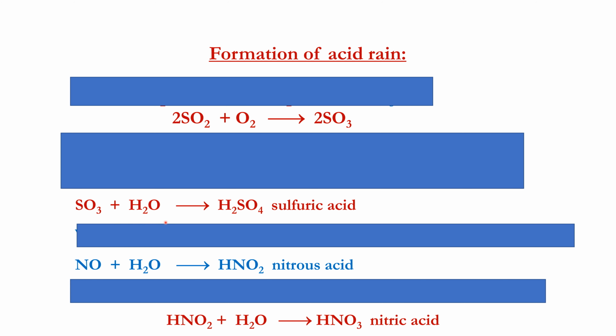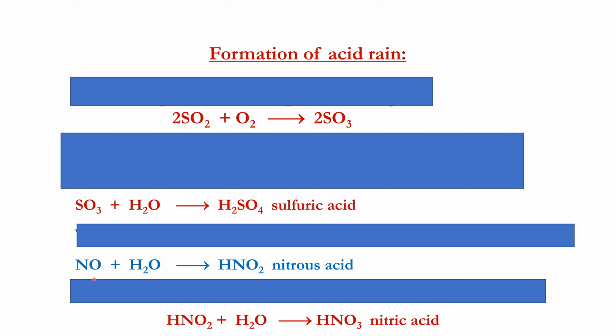SO3 plus water gives H2SO4. This sulfuric acid releases hydrogen ions because it has 2 atoms of hydrogen, and these hydrogen ions increase the acidity of rain.